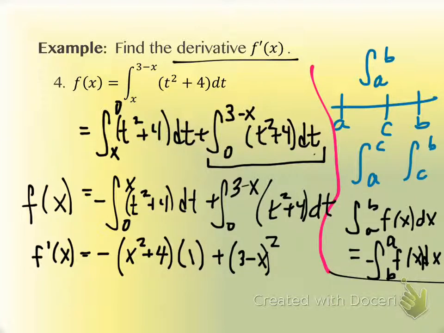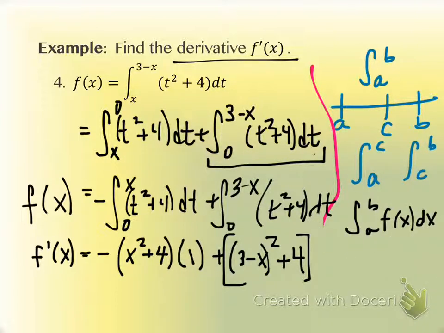And then I'm supposed to have plus 4 because that's the rest of the problem, right? So all of this is plugging in the 3 minus x. But what else? Yep, I need the derivative. The derivative of what? The derivative of 3 minus x, right. So what's the derivative of 3 minus x? Minus 1.